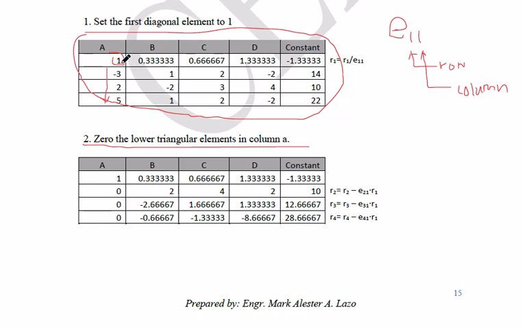So as I have discussed with you earlier, we made this 1 so that it will be easier for us. So we will not make ourselves dizzy with looking for values that will make this into 0 if this is 1.